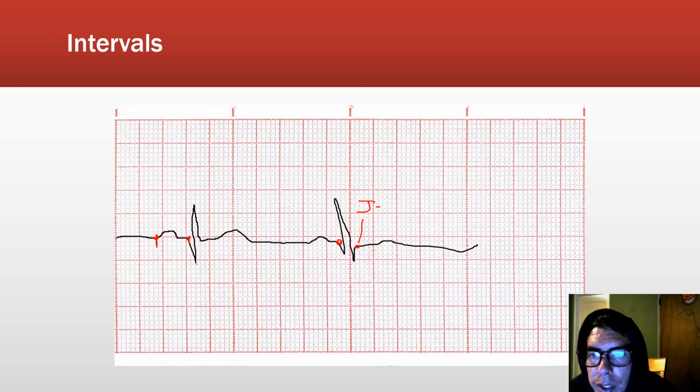And the J point is where we measure to. So you measure from the start of the QRS to the J point, and it should be less than 0.